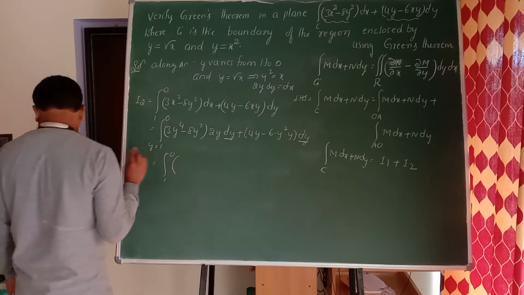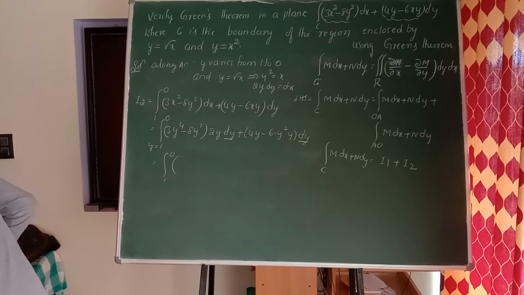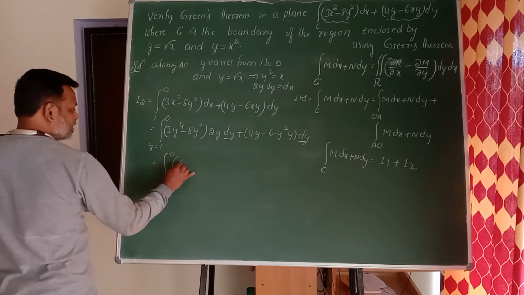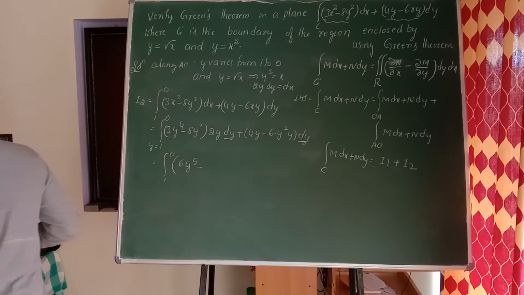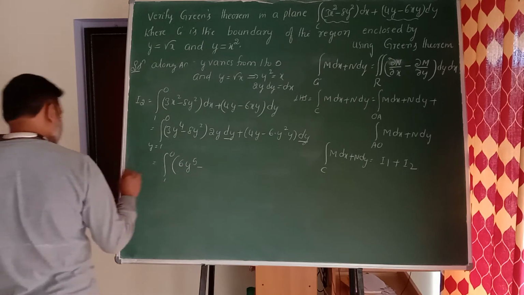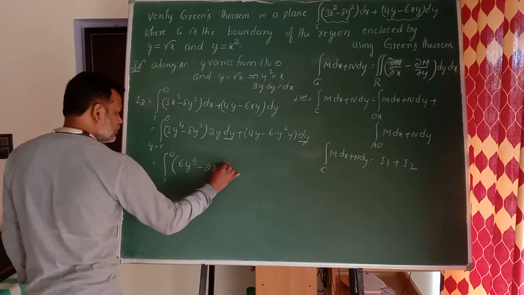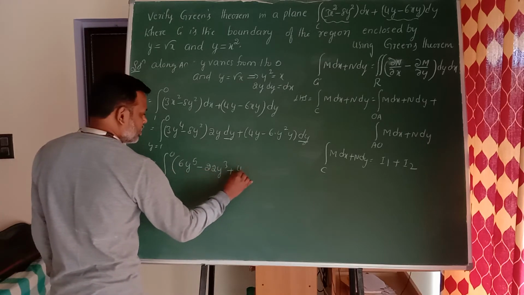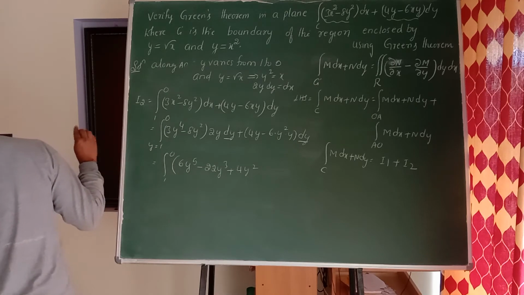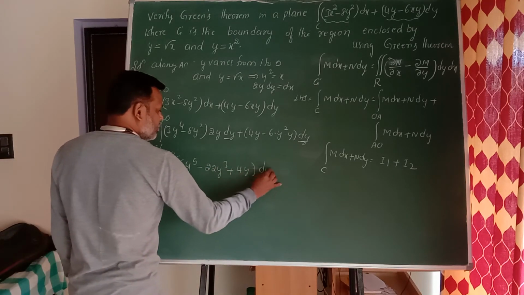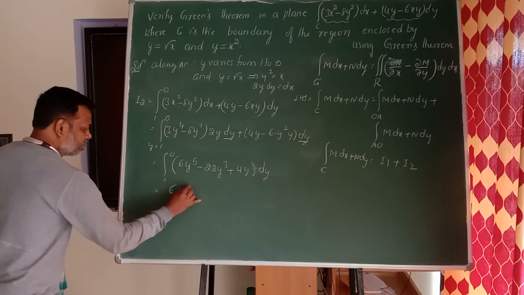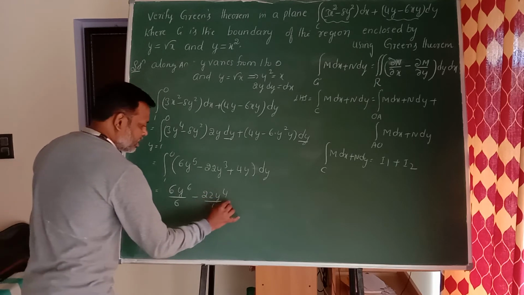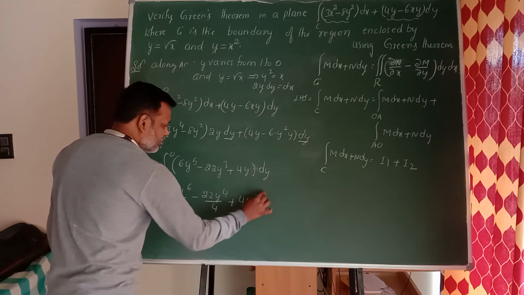On simplification, I2 becomes 6y⁵ − 22y³ + 4y dy, which on integrating becomes 6y⁶/6 − 22y⁴/4 + 4y²/2, from 1 to 0.